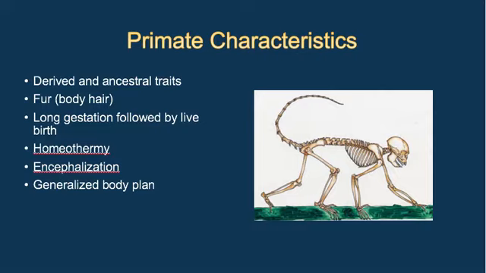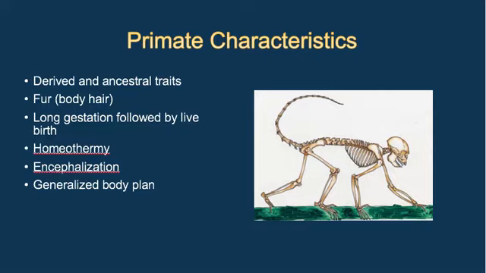This is a characteristic that evolved within primate evolution, within the last 60 million years of primate evolution, that makes primates unique. So when we're talking about ancestral versus derived traits, we're talking about sort of ancient characteristics versus characteristics that are distinguishing primates from other types of animals.